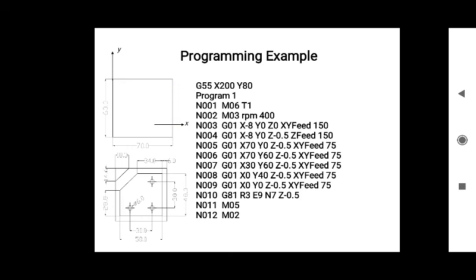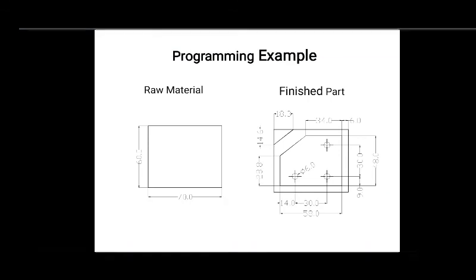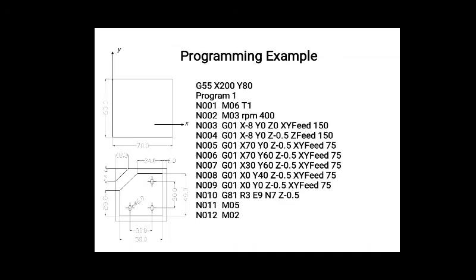That means the coordinate should change from x70 y0 to x70 y60, as you can see over here, x70 y60, with a speed of 75 mm per minute.